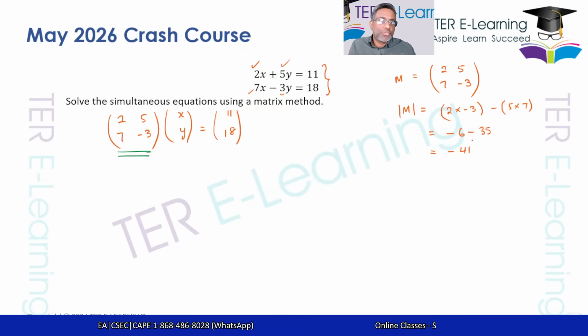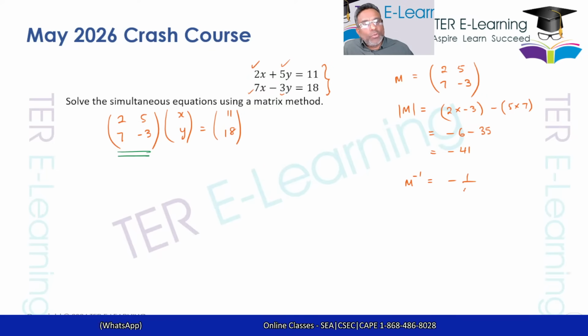Let me just double check my determinant there. So that's my determinant. The inverse of this matrix, which is what we really need, is going to be negative 1 over 41, and the adjoint matrix will be minus 3, 2, minus 5, and minus 7.